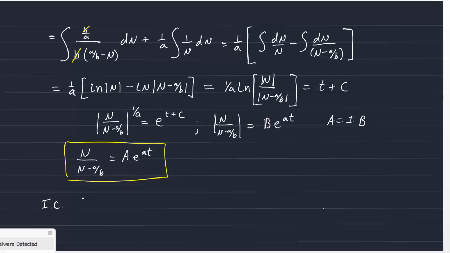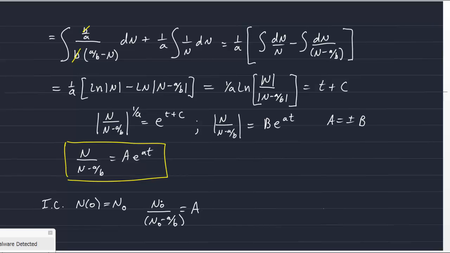So our initial condition is that the population at time t equal to 0 is some specified value, n0. And so with this, we know that n0 over n0 minus a over b is equal to A, because when we substitute 0 in for t, e to the 0 power becomes 1.